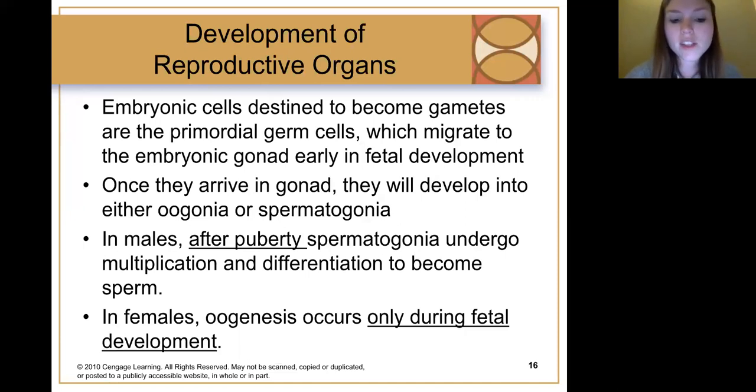In females, egg production, or oogenesis, occurs only during fetal development. That's a really important difference between males and females, because males can continue producing sperm throughout their life, but females are born with the number of eggs that they're going to have for the rest of their life. That process does not happen at any other time. So those are some important differences.